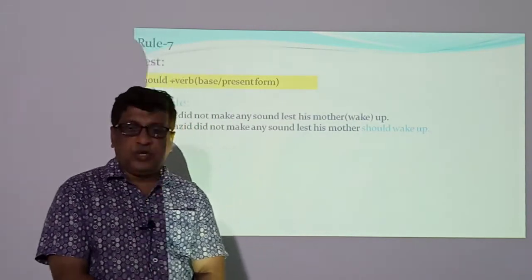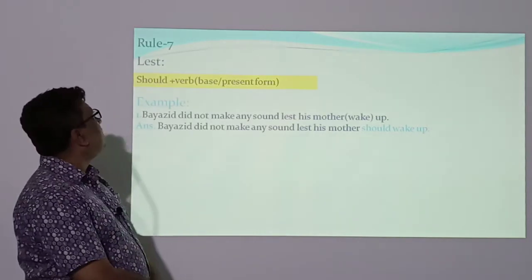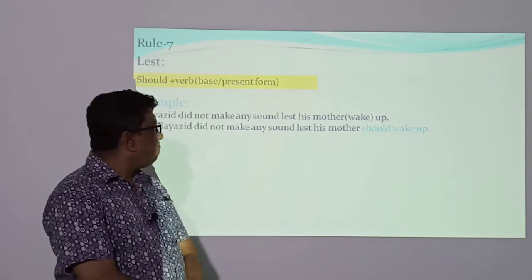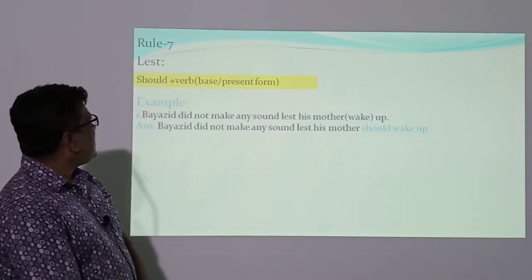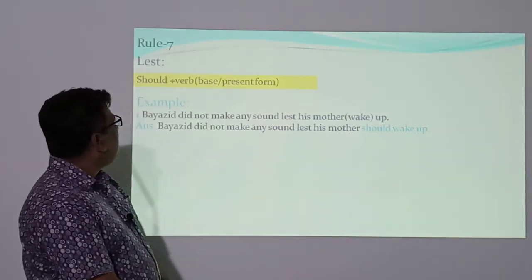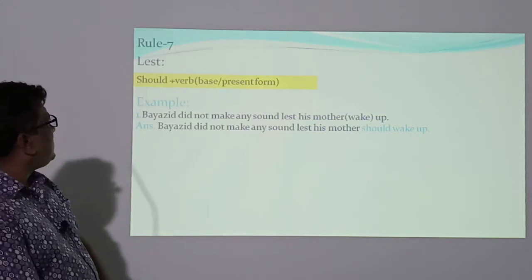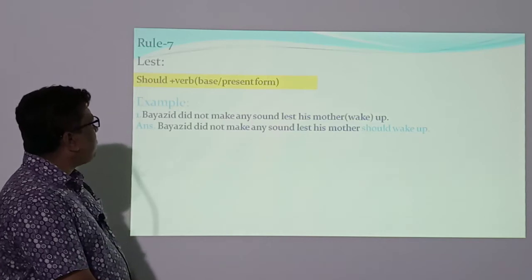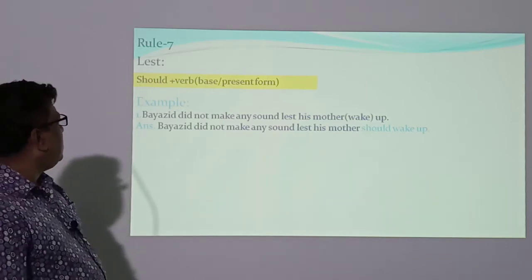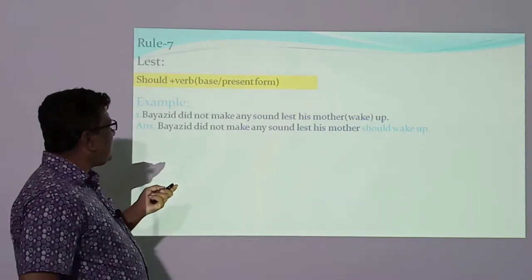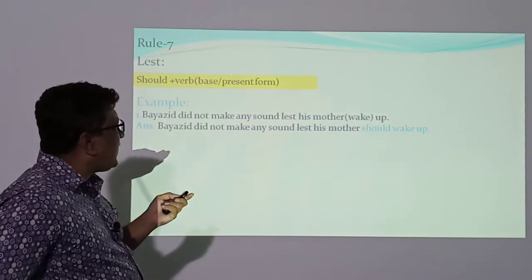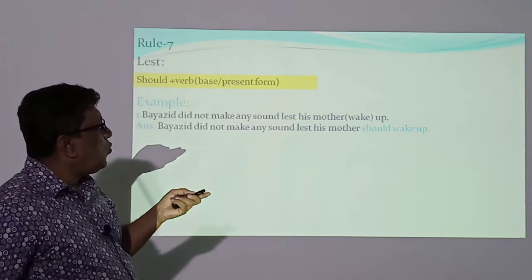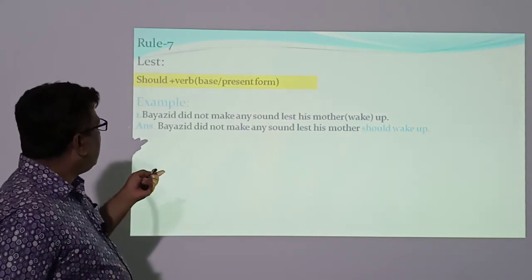Now we will move to rule number 7: lest. In the case of lest, lest should be followed by should plus the base form of the verb. Example: Bayezid did not make any sound lest his mother wake up.